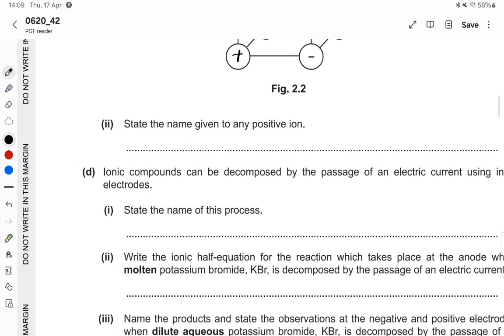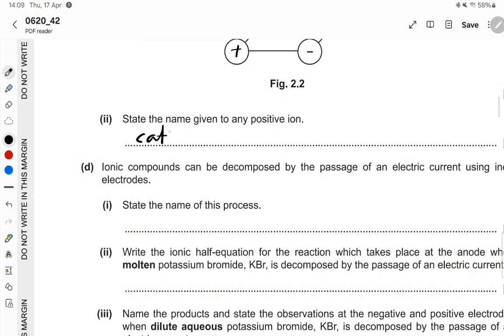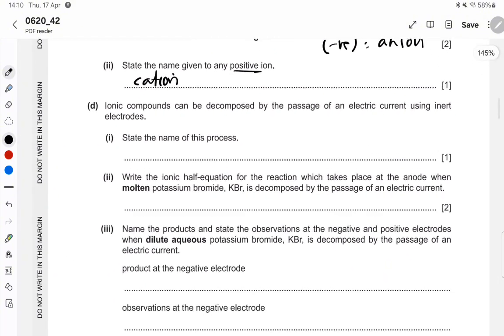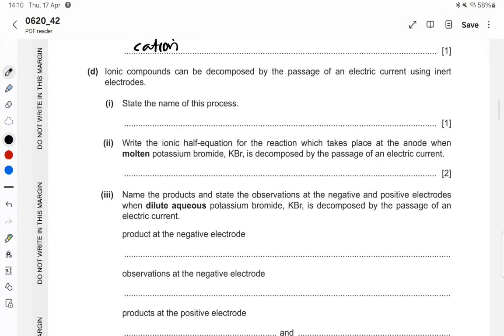Give the name given to any positive ion. It's a cation. And don't forget, if it were negative, then it'll be an anion, not a dog ion. A cation for positive and an anion for negative. Got that? Next, ionic compounds can be decomposed by the passage of an electric current using inert electrodes.